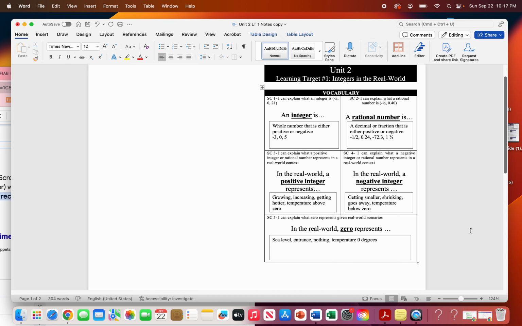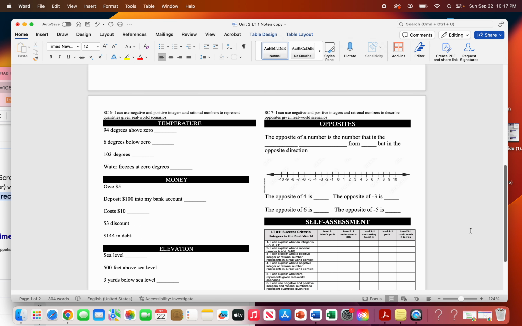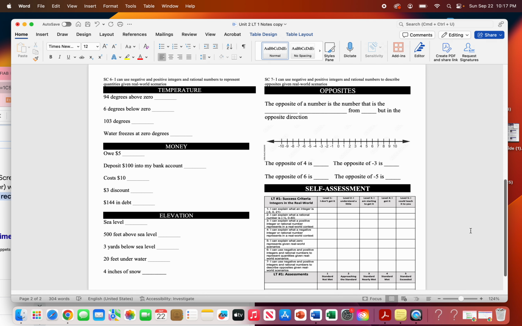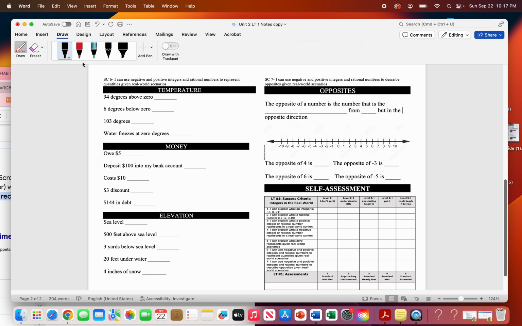All right, let's go to our inside now, and let's talk about success criteria number 6. That says I can use negative and positive integers and rational numbers to represent quantities given real world scenarios. So for instance, I'm going to draw this out. The first one says 94 degrees above 0.